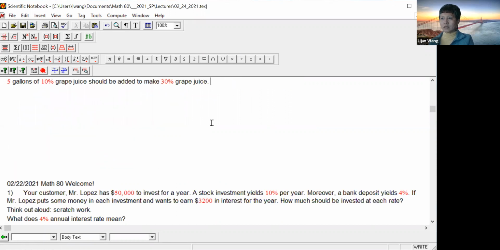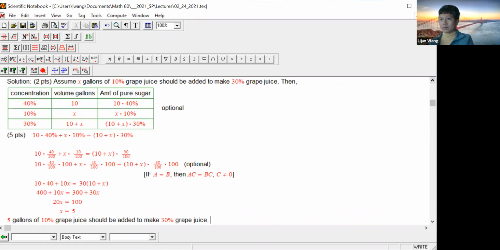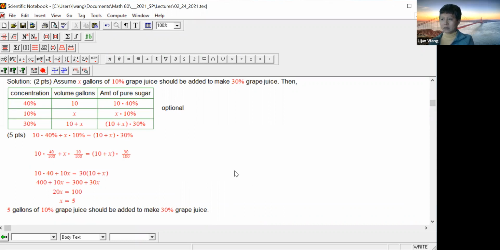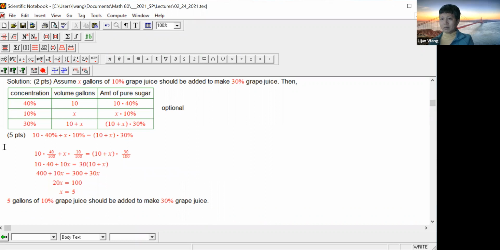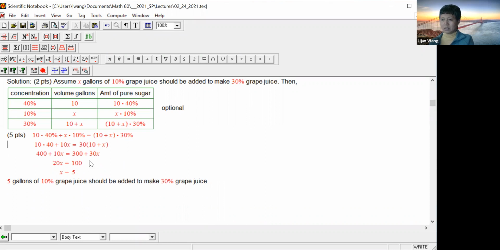Another version is even shorter. That's optional. And you can just get rid of these. And sometimes you can even just get rid of that. You still get your 5 points.